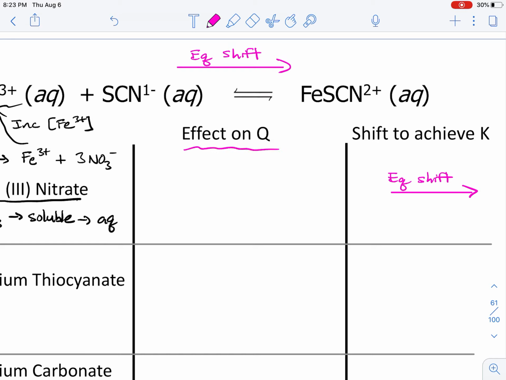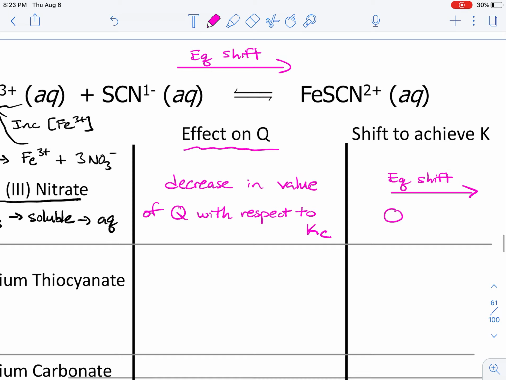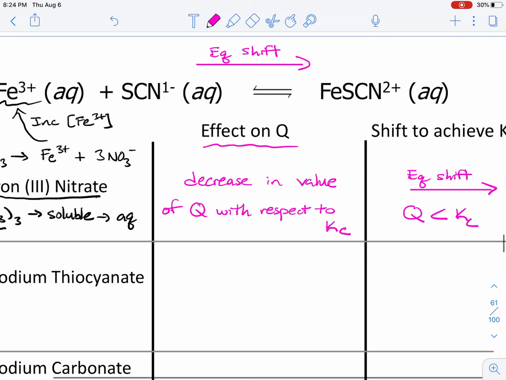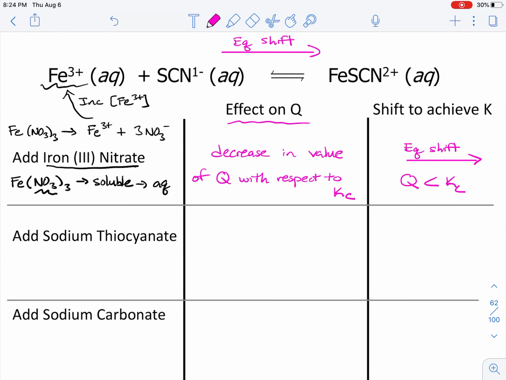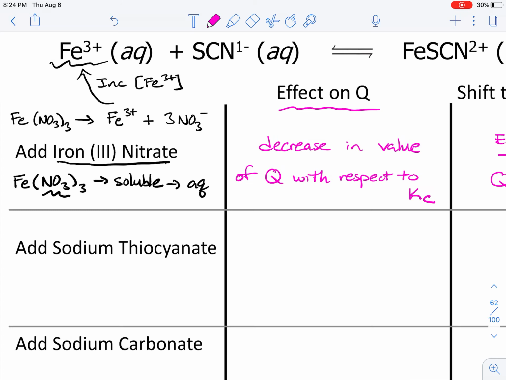This means that there's going to be a decrease in the value of Q with respect to Kc. Okay? And so Q is less than Kc. Okay? So let's go ahead and look at the next example.